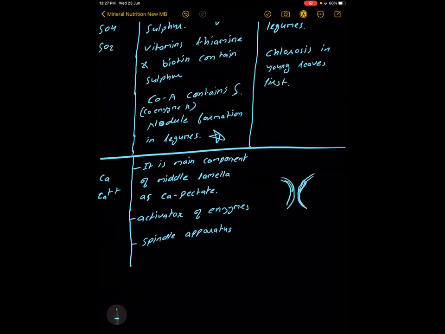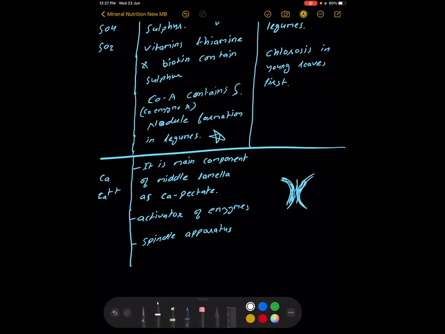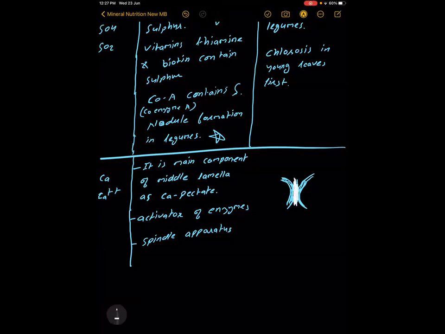These cell walls, two adjacent cells, are attached by this part, that is middle lamella. This white line is the cemented material between two plant cells, two cell walls. It is the cementing part, formed by calcium pectate. It is called middle lamella.